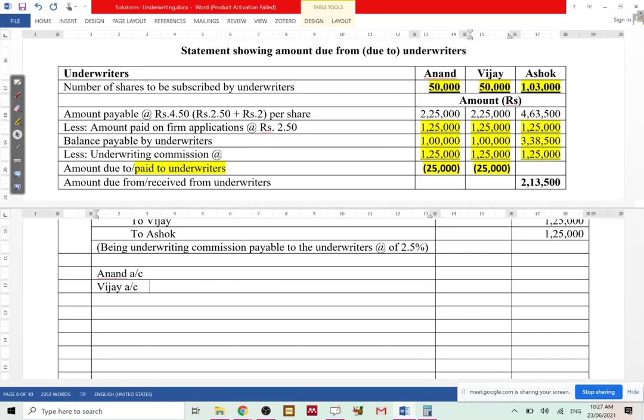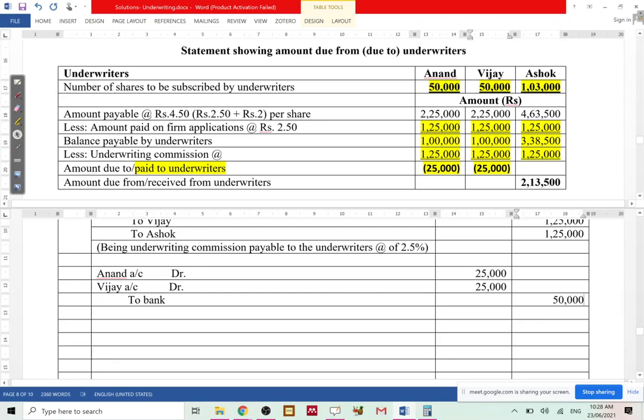They are the receivers. Going back to all our basic types of accounts and the rules related to it, Anand and Vijay in this case are receivers because the money has been paid to them. So how is it paid? Through a bank transaction. So we just write to bank. How much is paid? Anand got 25. Vijay also got 25. So total 50,000 went out of the bank.